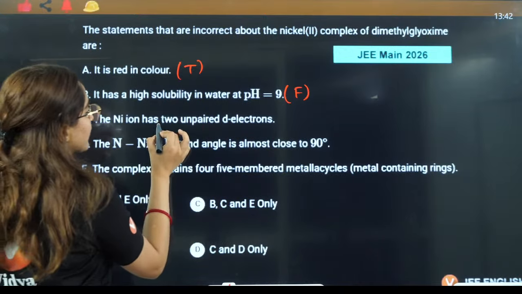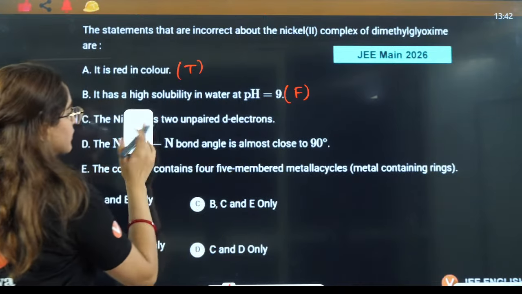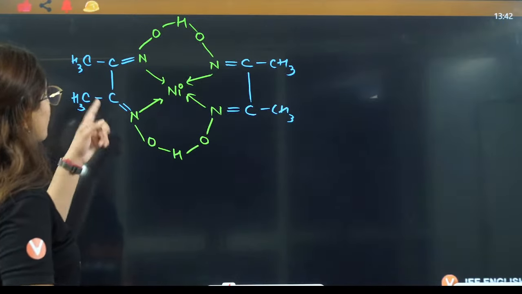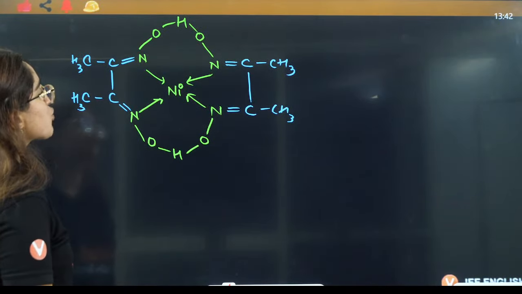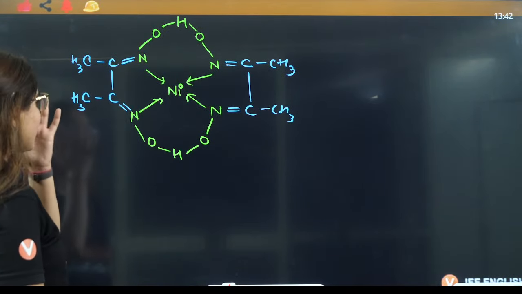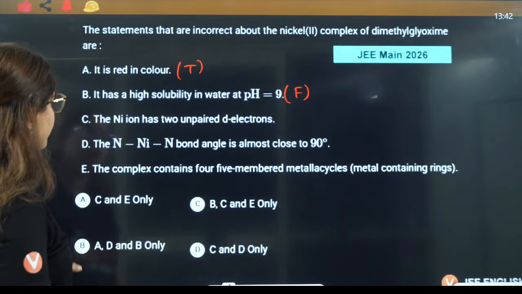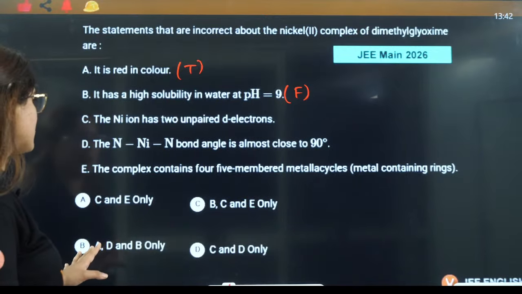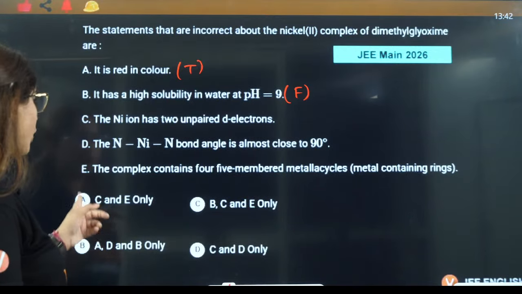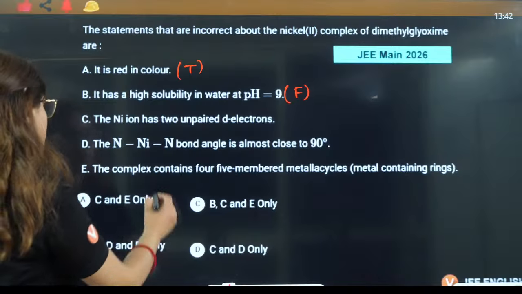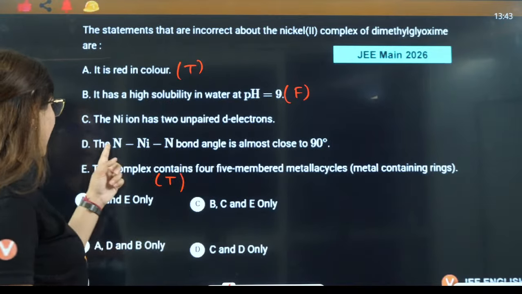The nickel ion has 2 unpaired electrons here. See, this is a square planar complex, right? So if you talk about nickel here, nickel will have 2 unpaired electrons. Wait a minute, the complex contains a 5-membered ring, that is also correct, right?